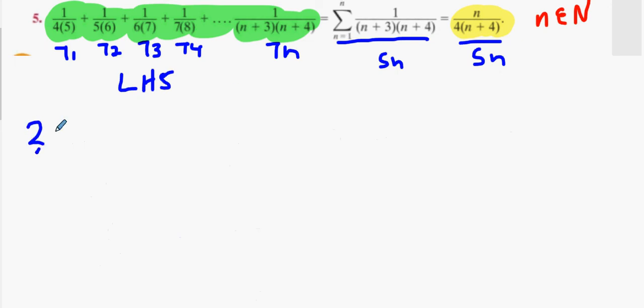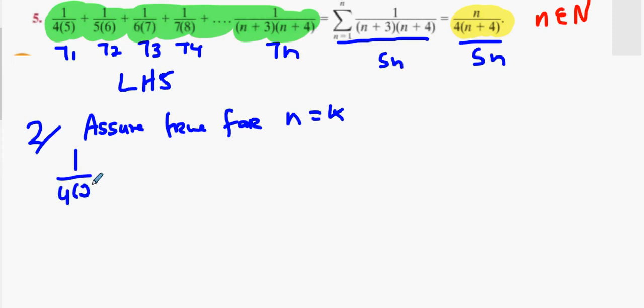Okay, assume true for n equals k. Alright, so this time it's going to be 1 over 4 times 5 plus 1 over 5 times 6 plus 1 over 6 times 7 plus dot dot dot.